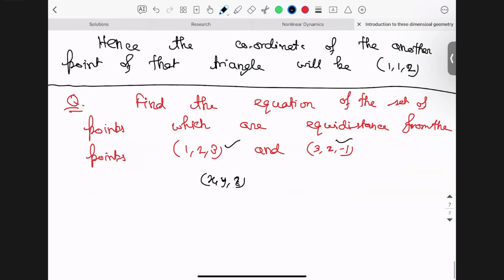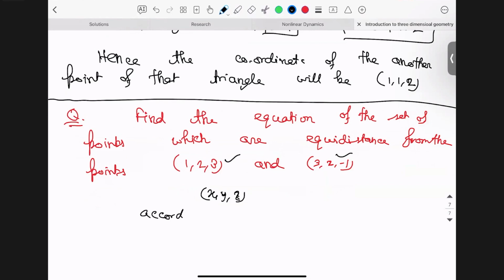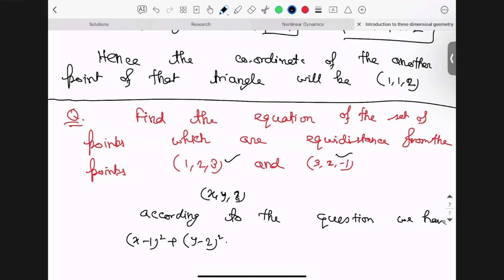So according to the question we have x minus 1 whole square, y minus 3 whole square, z minus 3 whole square is equal to x minus 3 whole square, y minus 2 whole square, z plus 1 whole square.